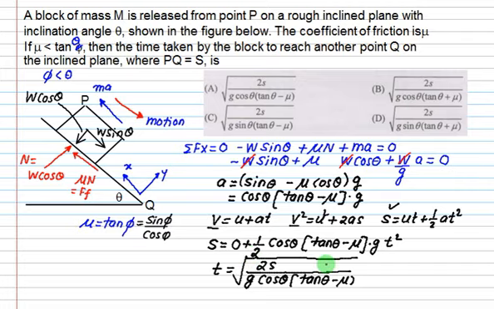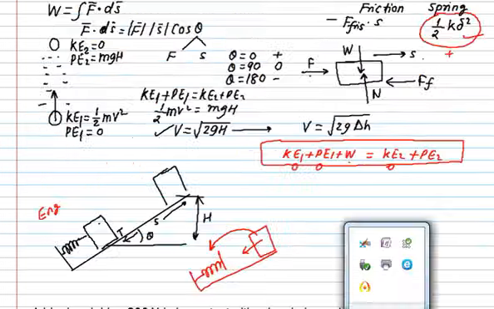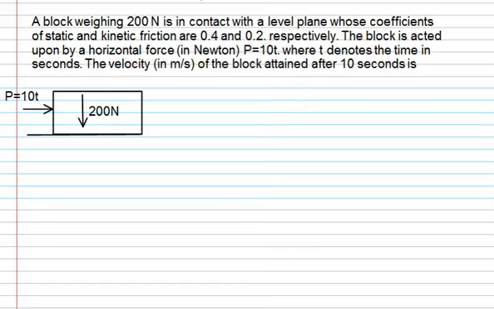So which is the correct choice? We have the given data like this. The mu s is given as 0.4, mu k equals 0.2, as far as 10 seconds is concerned.